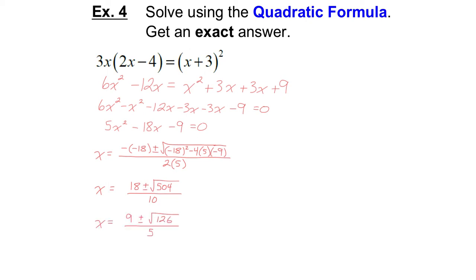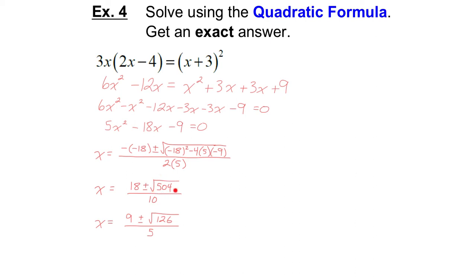Now, if you have a keen eye, you can actually simplify this into lowest terms. 18 and 10 can be divided by 2, so we can reduce that to 9 over 5. And then the square root of 504, if we want to divide that by 2, remember, it's a square root. So divide by 2, that's the square root of 4.